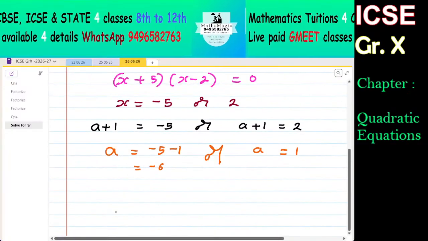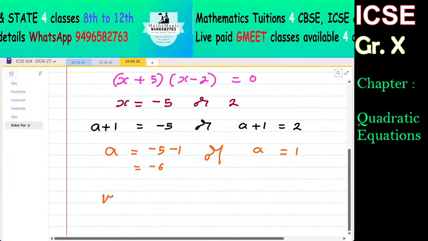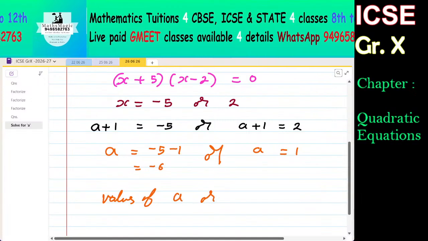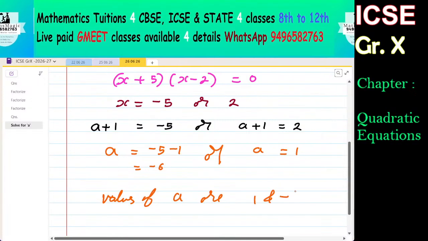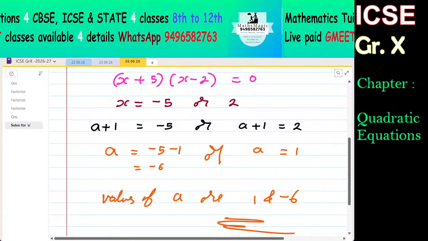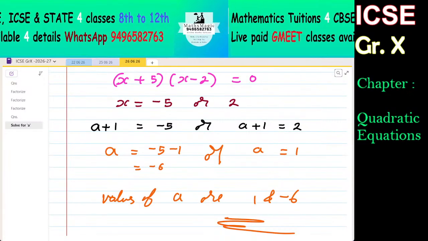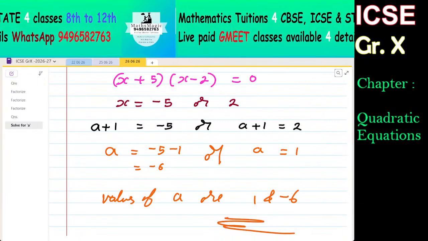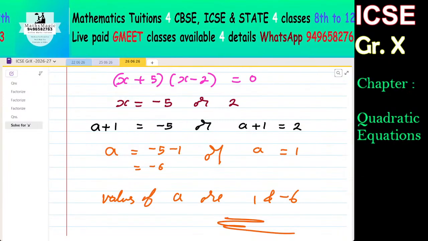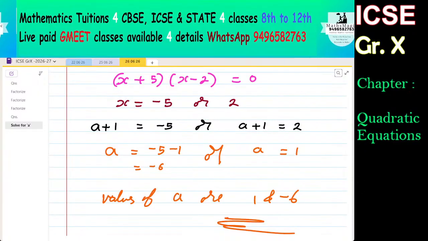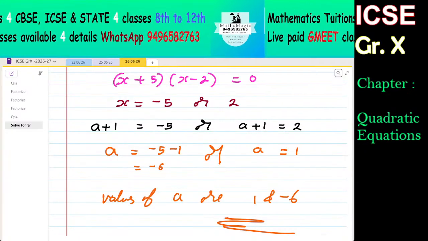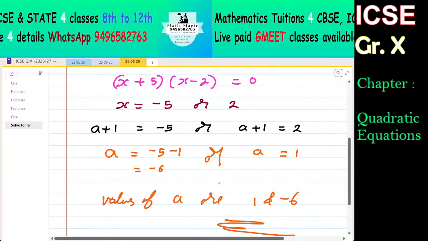So we solve it and find the values of a are 1 and negative 6. Hope you have understood this method. Still, if you have doubt, you can just ask me. I will solve it once again. Okay, this was a little bit easy one.